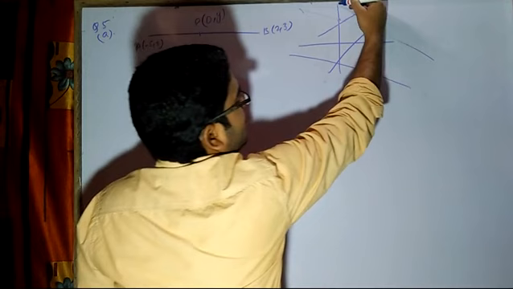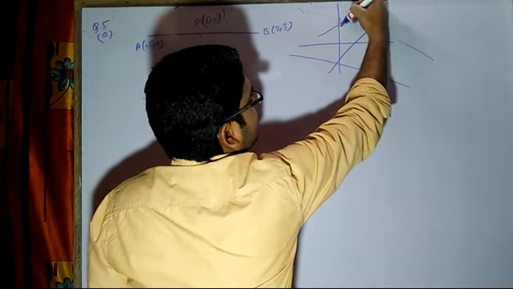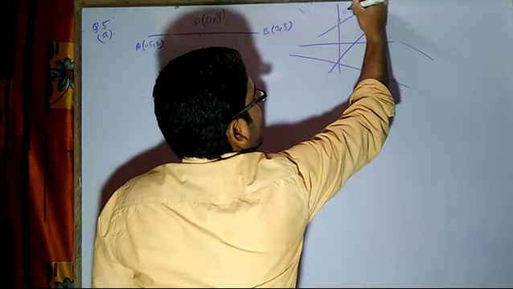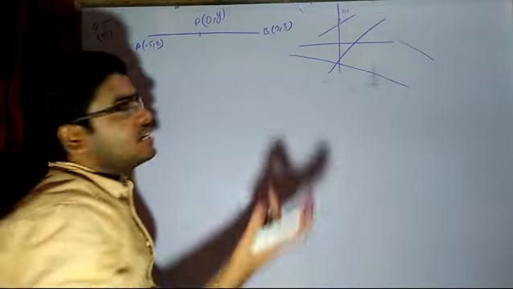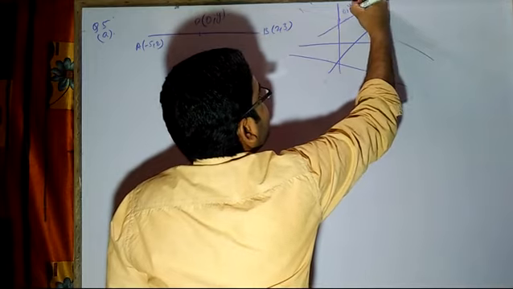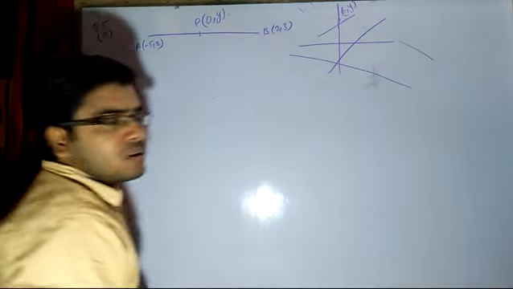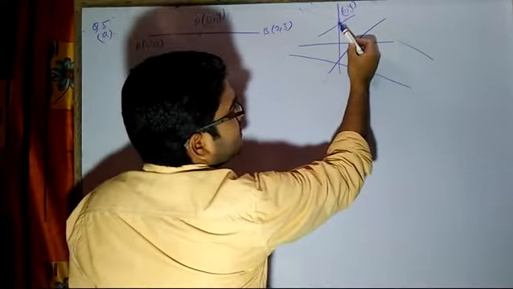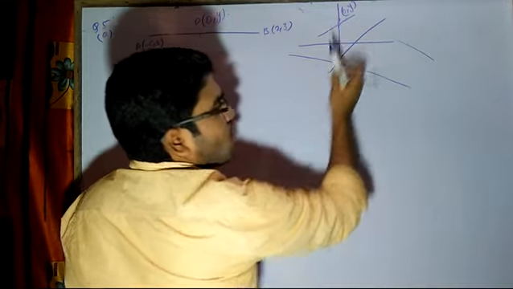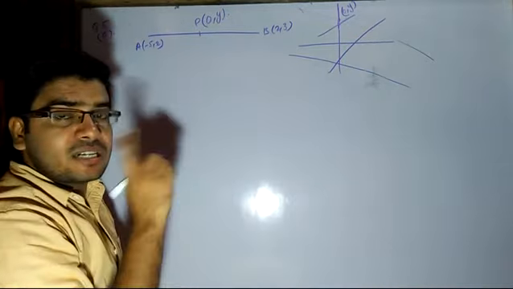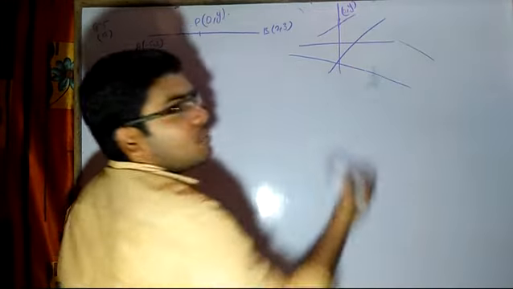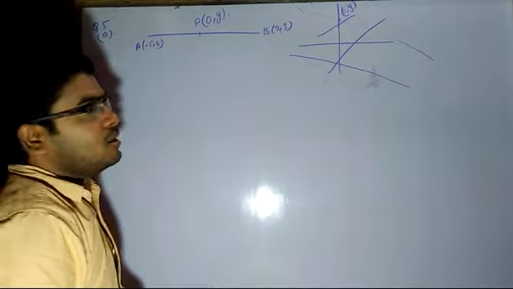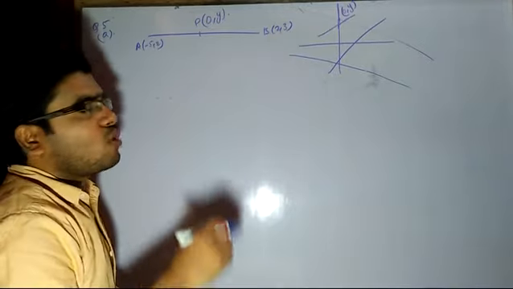As you can see, the point is lying on the y-axis. Definitely its x value will be 0 and its y value can be anything. So I can take this as (0, y) only. Yes or no? If a line is cut by the y-axis, that means x will be 0 and y will be some variable. I can take it as q, r, s, whatever I want.